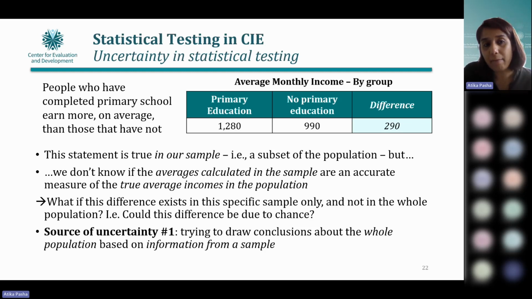What can happen is that the averages that we calculate in our sample are not necessarily the true averages of the population. It could be that just because of the particular sample that we have selected, this difference is exaggerated or even too low.